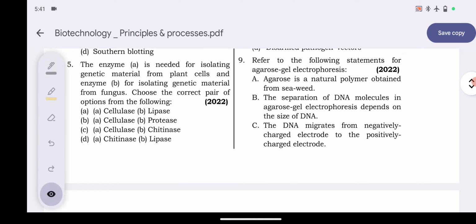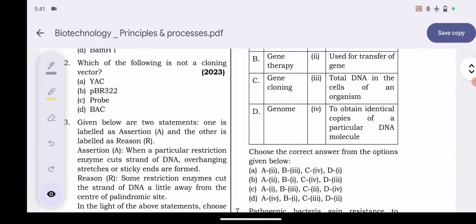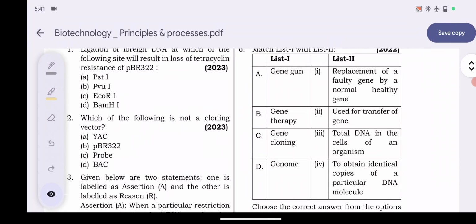Next one, question number 6. A matching question is given, look. Gene gun, gene therapy, gene cloning, genome, and in list 2 their details are given. So gene gun is connected to option number 2, used for transfer of gene, and gene therapy is the replacement of a faulty gene by a normal healthy gene.